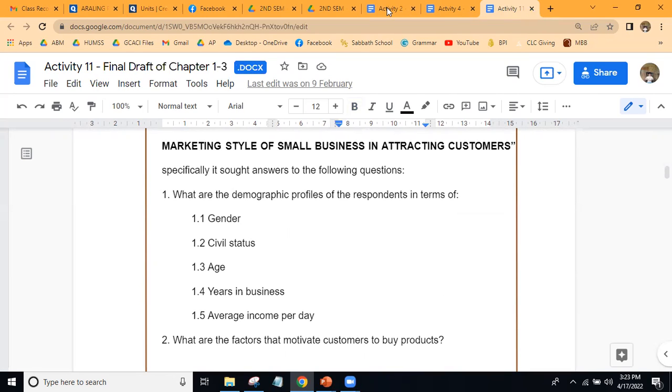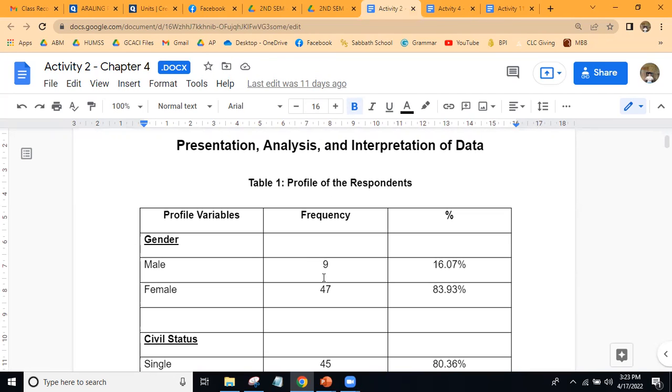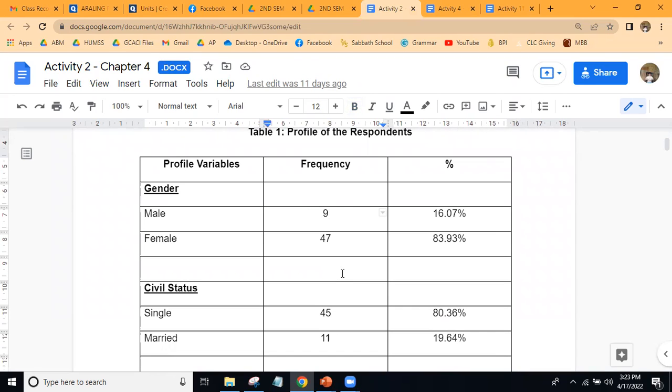Gender ang nauna. Gender ang ating ipipresent, based on the survey. So mayroon daw tayong 52 respondents, tama ba? 47. Hold on, baka nagkakamali ako. Nasanay sa calculator.